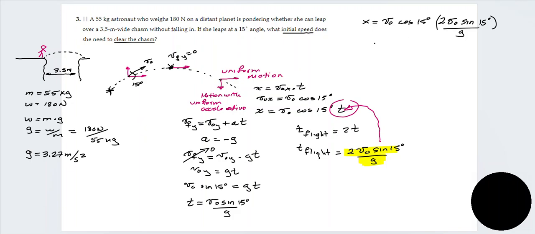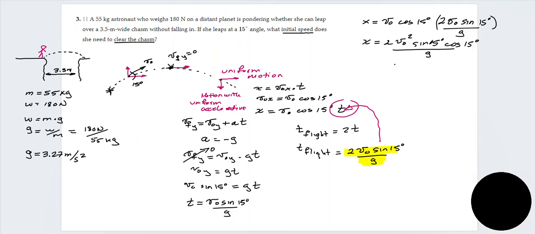So we multiply and we get that x is equal to 2 times v sub 0 times v sub 0, which is v sub 0 squared. Then we have sine of 15 degrees, cosine of 15 degrees over g.